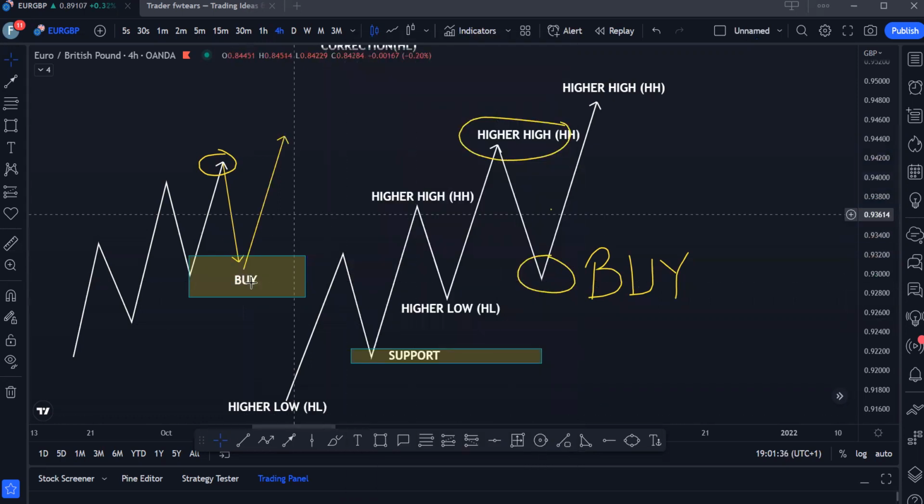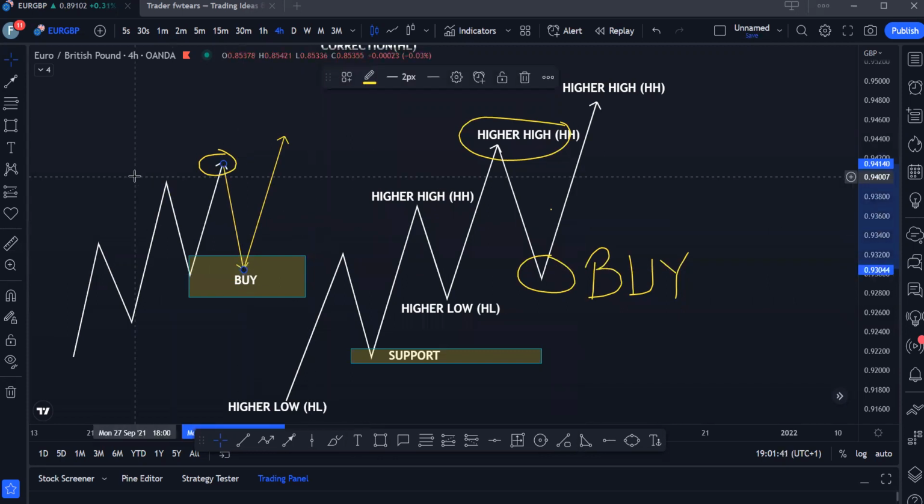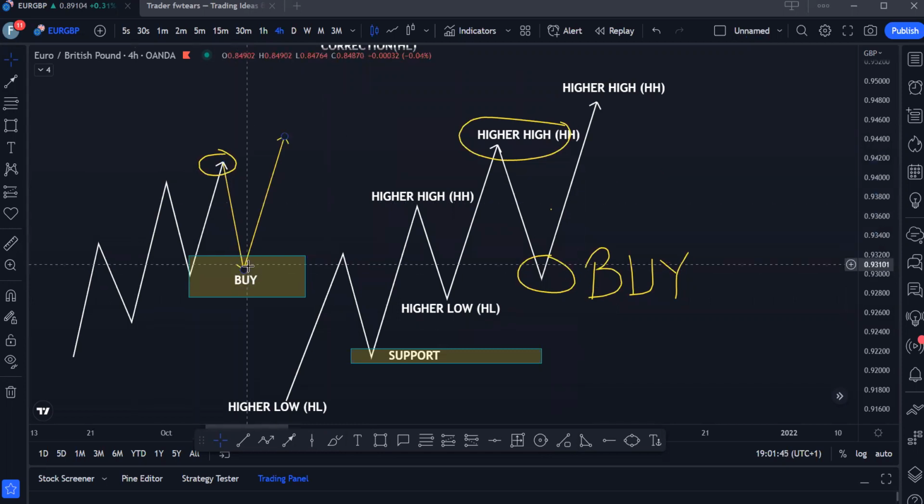If you always pick trades like this, you'll find out that you win more trades than you lose, because you are buying with the trend. You are not trading against the trend. Okay, so we buy at support.